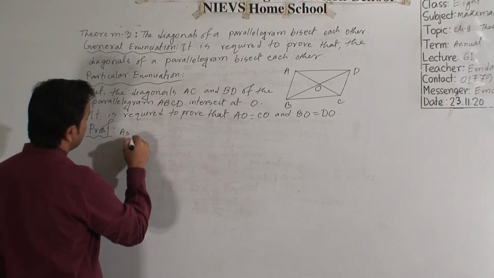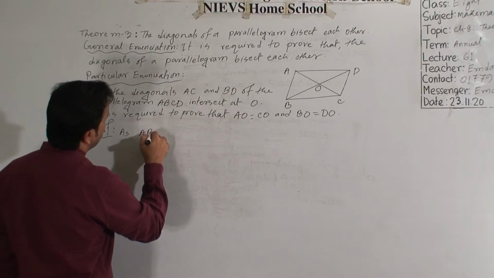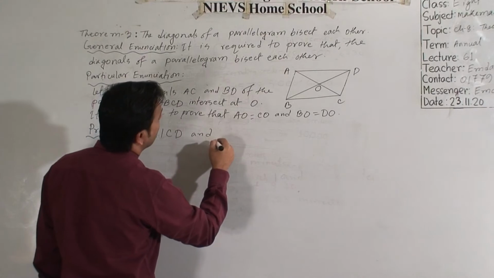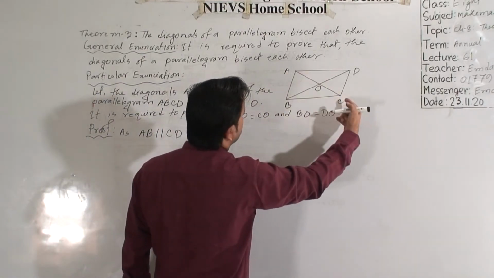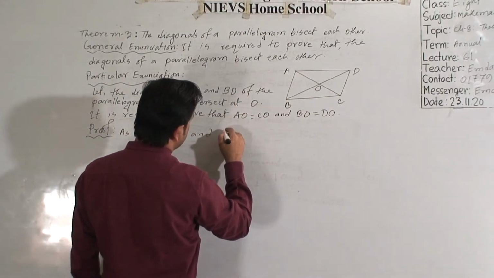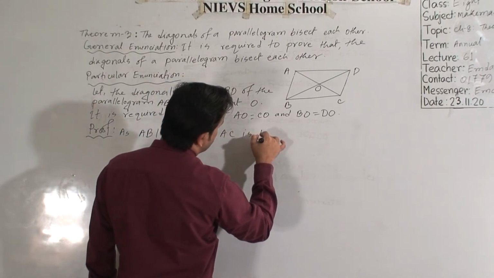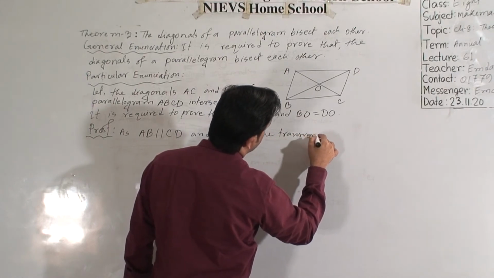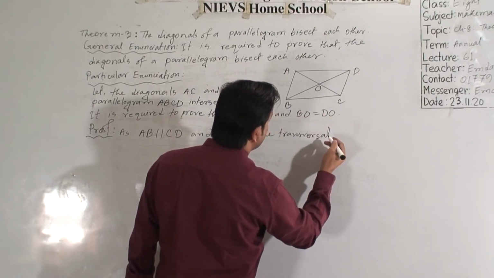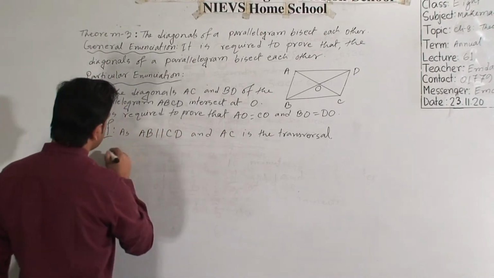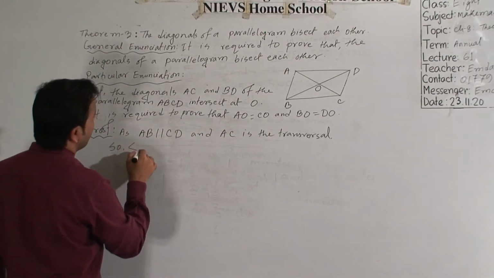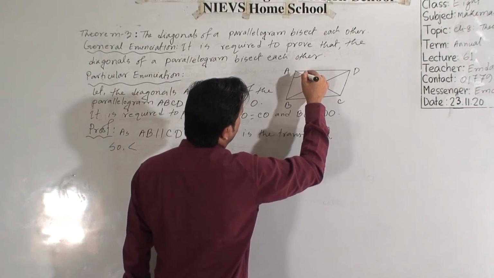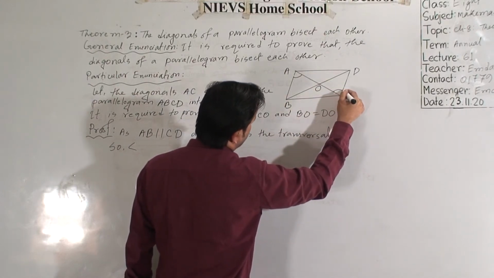As AB parallel CD and AC is the transversal, we can say these two angles will be equal.